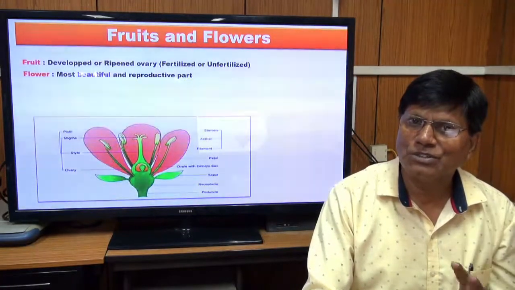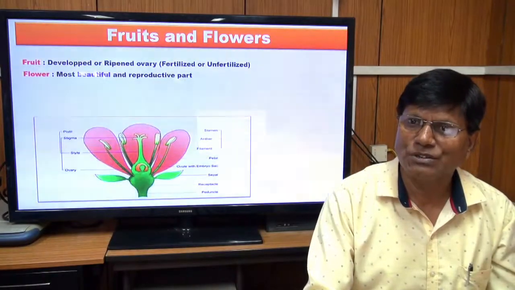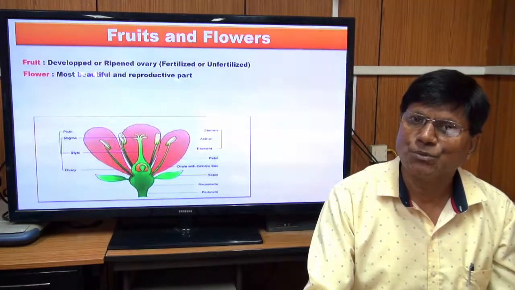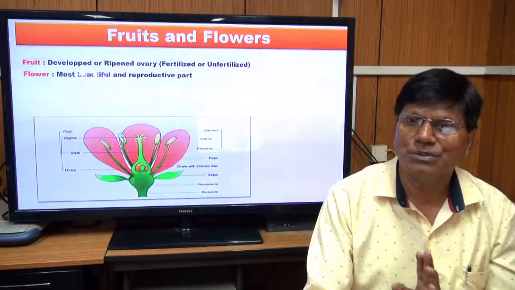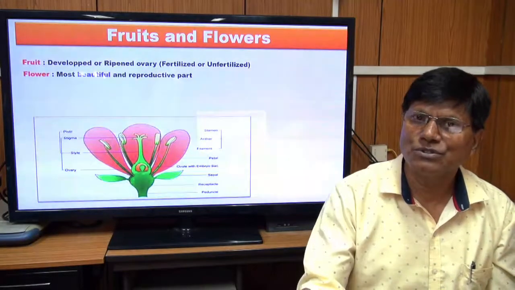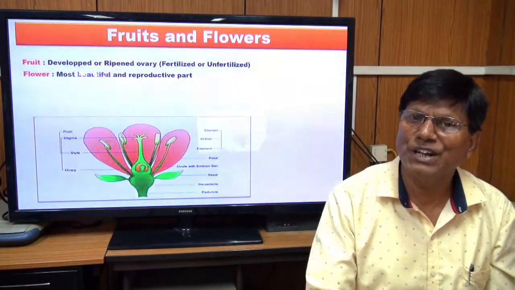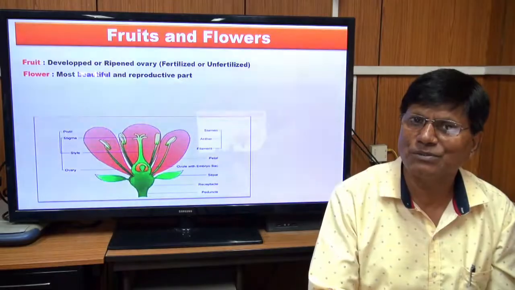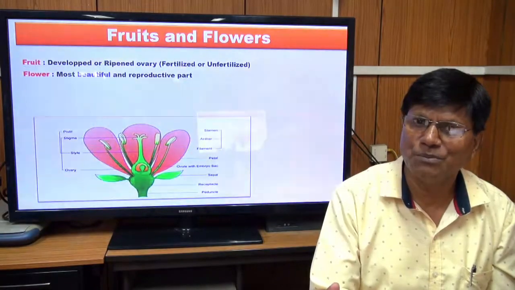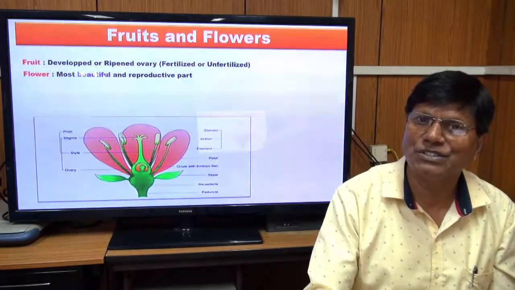So flowers have two major groups: protective and reproductive. There are 2 protective parts. At the outermost cover of the flower, the green leaf-like structure at the base of the flower, if it is blossomed, is your calyx.